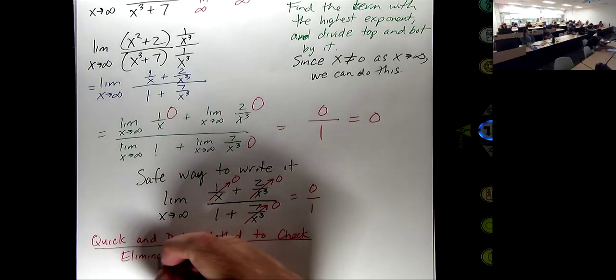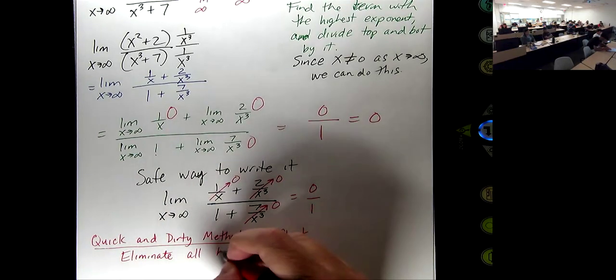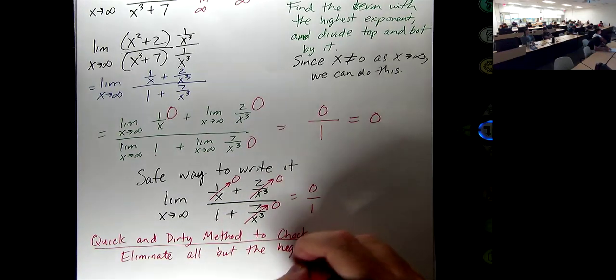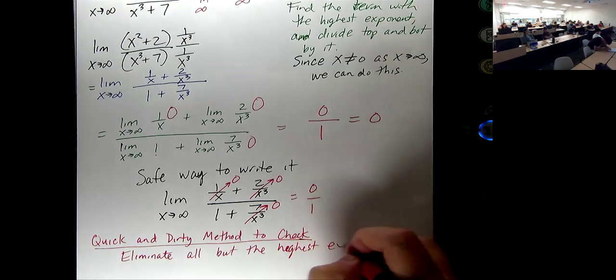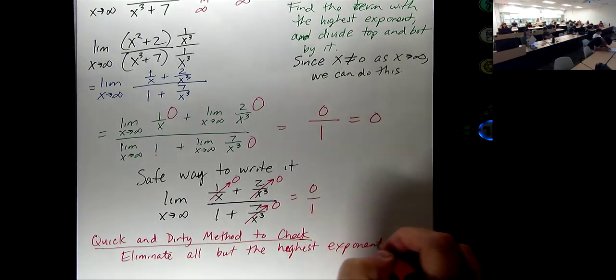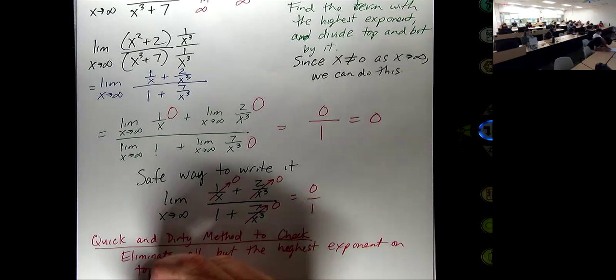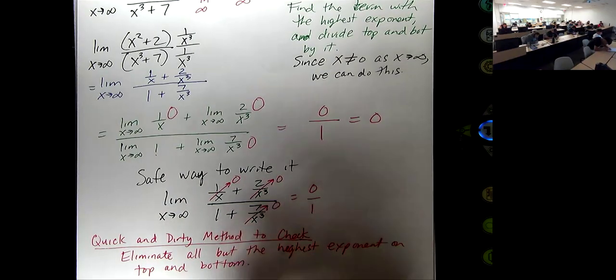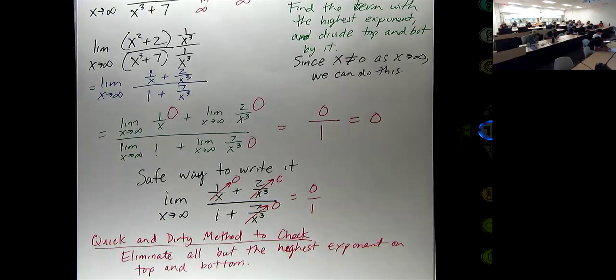Eliminate all but the highest exponent on top and bottom. I'll give a better explanation of why this works at the end of this section.